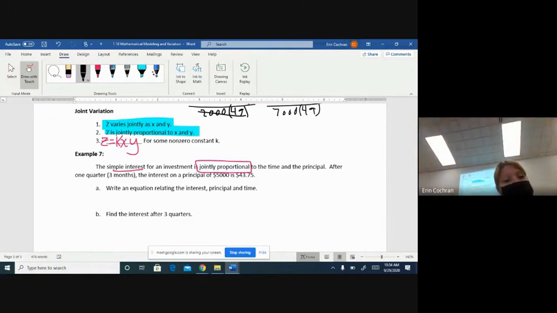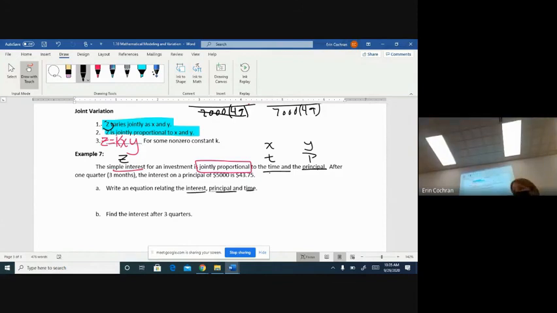Z. So time and principal are my X and my Y. After 1 quarter, which is 3 months, the interest on a principal of 5,000 is $43.75. Write an equation relating interest, principal, and time.